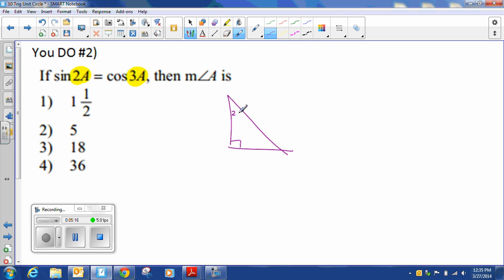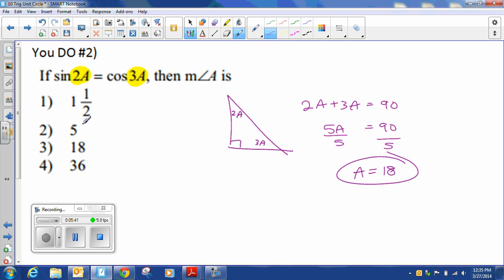If this is 2A and this is 3A, we know that they are complementary because we're saying that sine of 2A equals cosine of 3A, they're cofunctions. So basically, we can write our equation. 2A plus 3A equals 90 degrees. Combine like terms, and A equals 18.